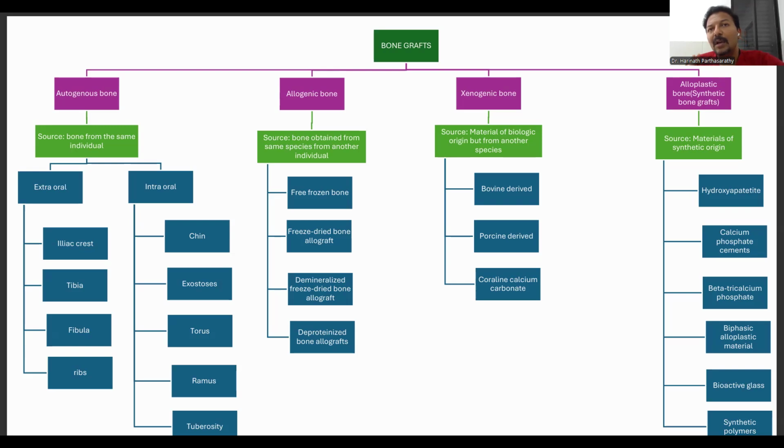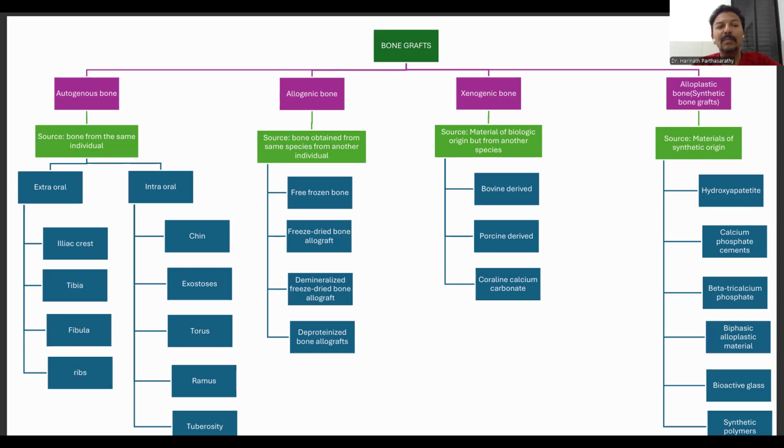When we cannot use an autogenous bone or an allogenic bone graft, this becomes the third choice for clinicians for any kind of regenerative procedure. It's going to be ridge augmentation, socket preservation, sinus grafting, or peri-implant defect management. These xenogenic bone grafts have become very viable choices because they are relatively cheap and available in huge quantities.